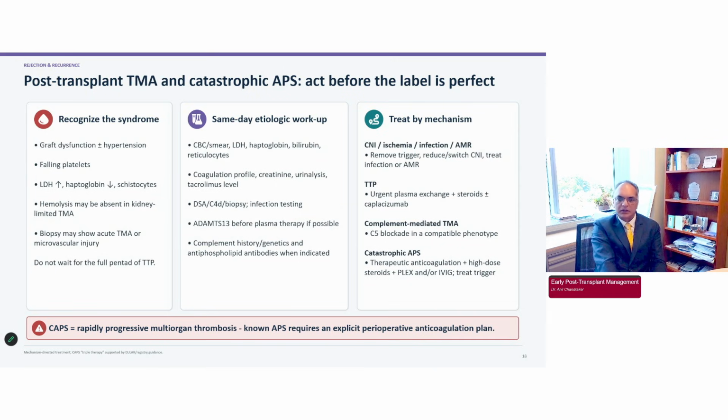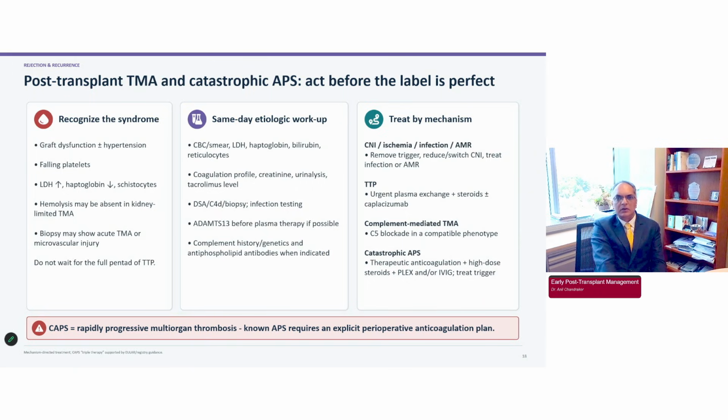This is graft dysfunction, plus or minus hypertension, falling platelets with an elevated LDH, decreased haptoglobin, and presence of schistocytes. Hemolysis may be absent in kidney-limited TMA, and the biopsy may show acute TMA or microvascular injury. You don't have to wait for everything to be positive to suspect it.